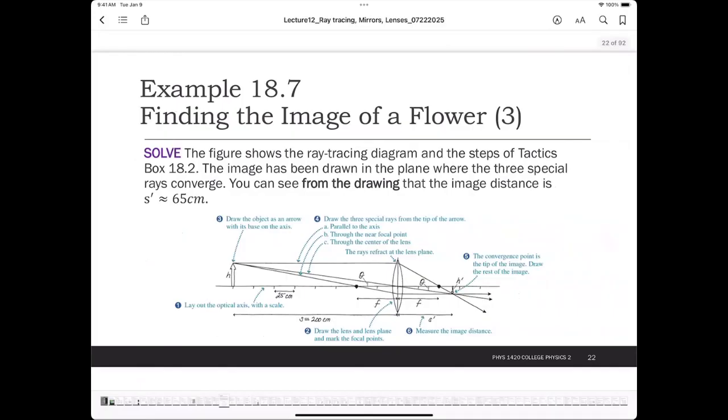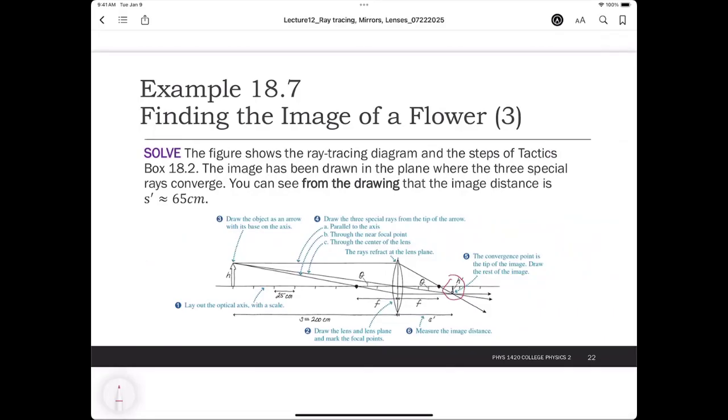Okay, let's try to resolve this problem. The figure shows the ray tracing diagram following the steps of Tactics Box 80.2. The image has been drawn in the plane. You can see where the 3 special rays converge.